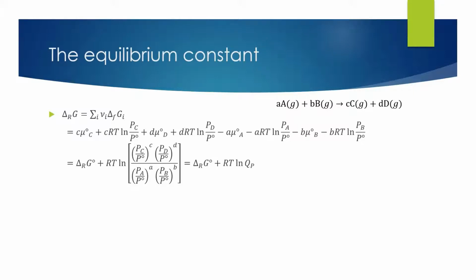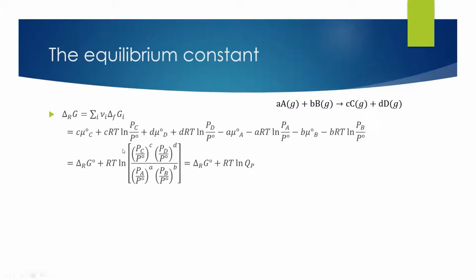If we have much more reactants than products, this fraction here, our reaction quotient, is a number that is less than 1, which makes the natural log of that negative. In some cases, this will turn this whole term so negative that it overwhelms a positive delta G naught of reaction, which can make any reaction proceed in the forward direction to some extent.